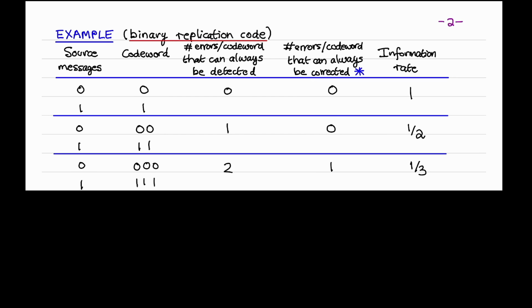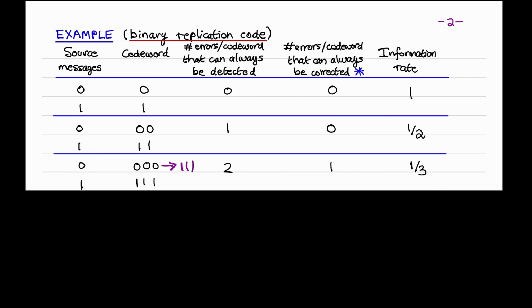Consider next the case of the triplication code, where a source bit is replicated 3 times. Suppose now that 000 is transmitted, and the number of bits flipped is 0, 1, or 2. In all these cases, the channel decoder can recognize that what is received is not a code word.